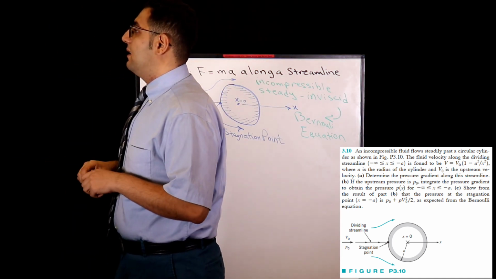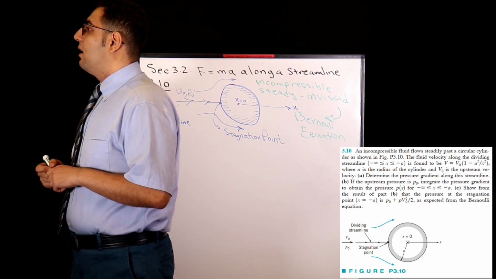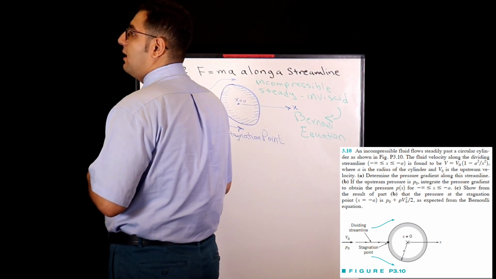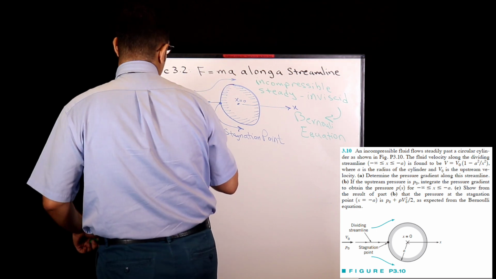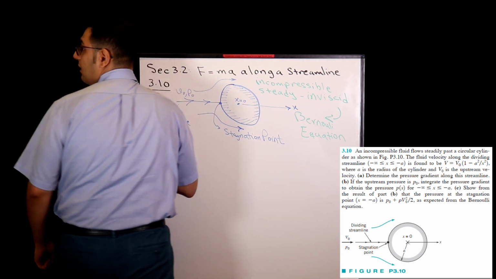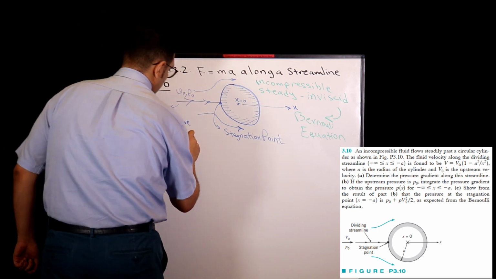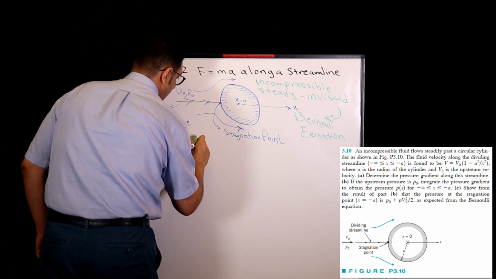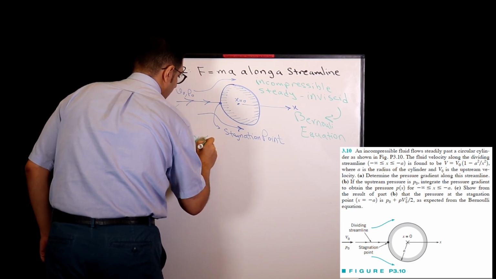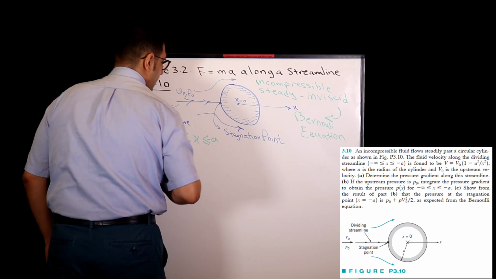The fluid velocity along the dividing streamline from minus infinity to minus a is like this: x from minus infinity to minus a.